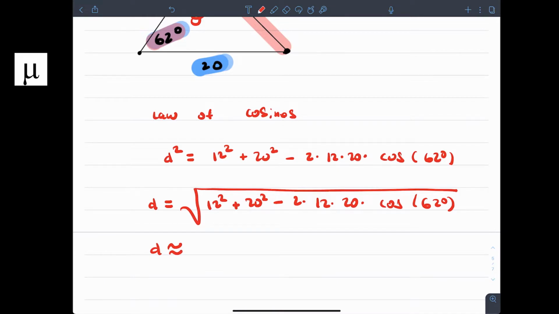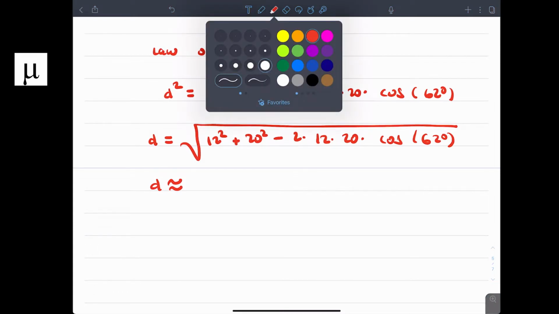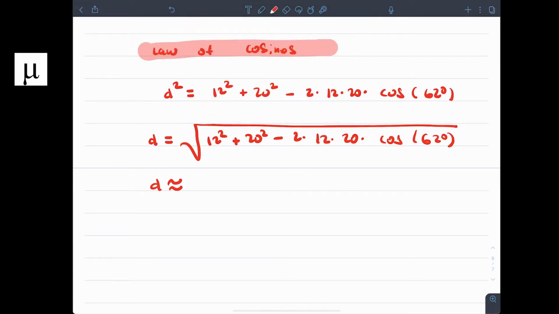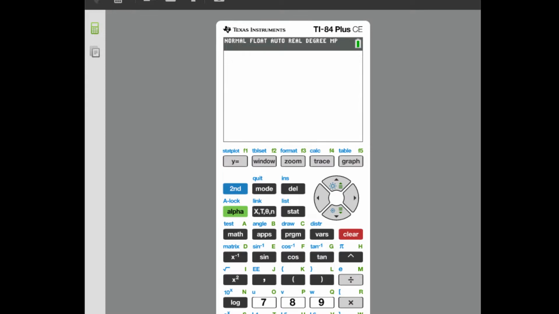D equals the square root of 12 squared plus 20 squared minus 2 times 12 times 20 times cosine of 62 degrees. So you're going to say second, square root.